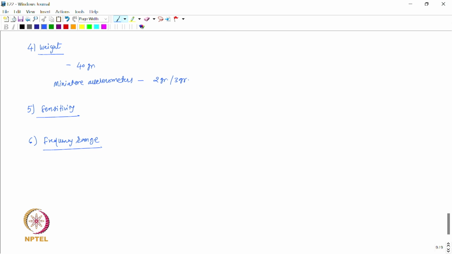Let us look at the frequency response of a typical accelerometer. Let us plot the output of the accelerometer divided by the input in terms of dB. This curve is something like this.